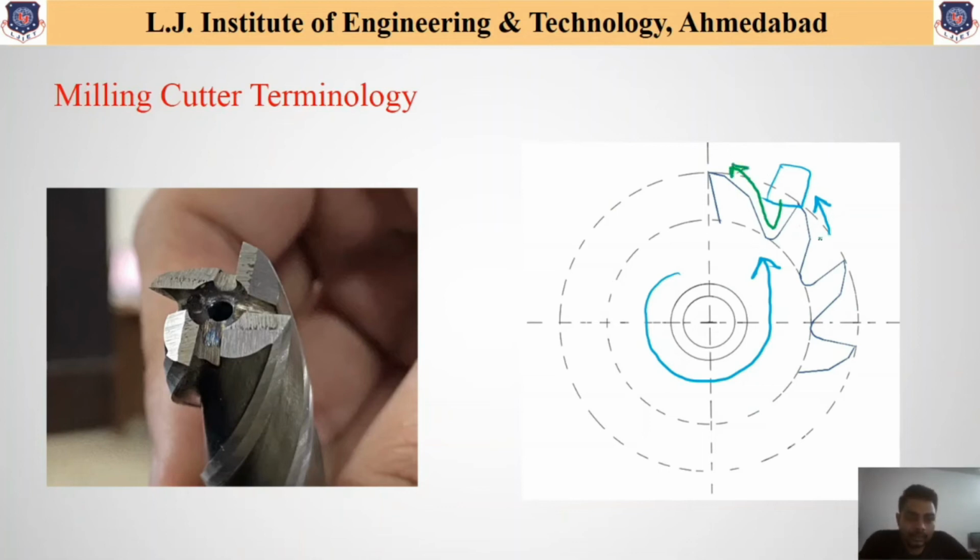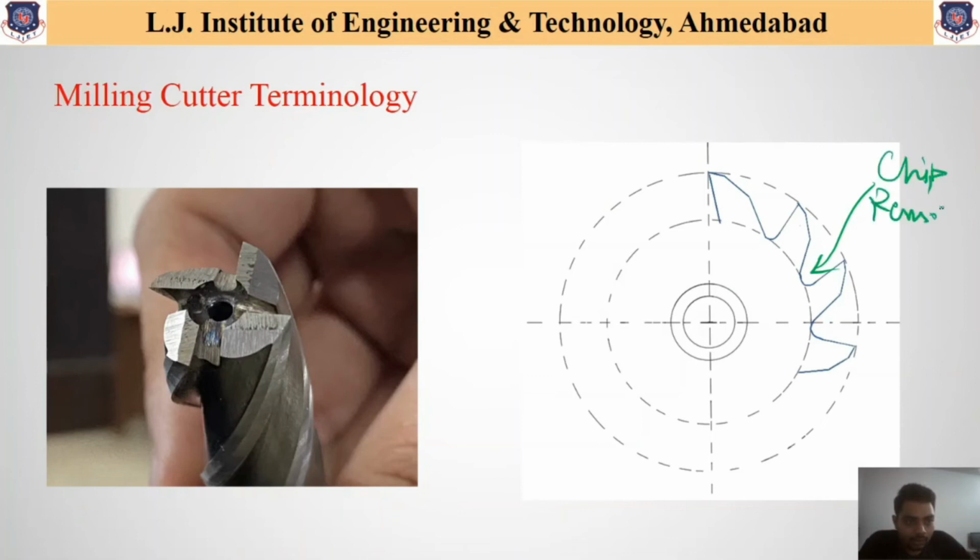So this entire section, the gap between these teeth, helps in the removal of chips from the cutter, and that's why this gap is called the chip removal gap, or the chip space, which helps to remove the chip from this section.